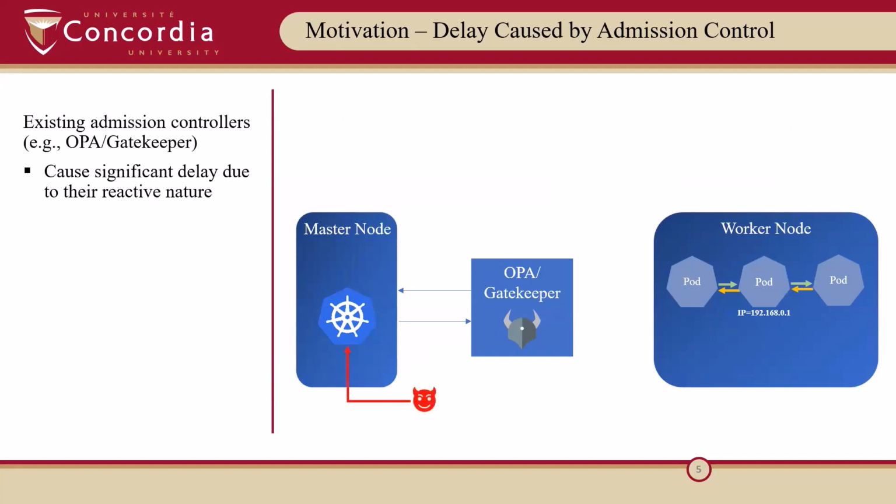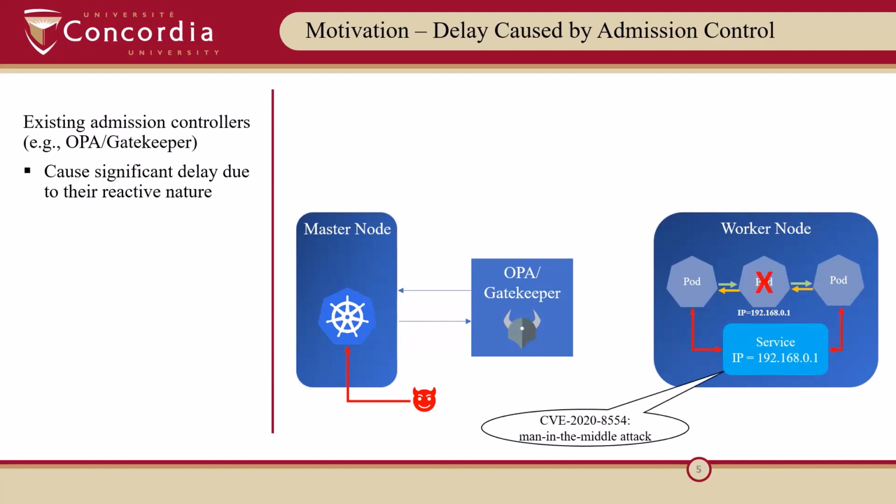When an attacker wants to perform an illegal operation on the cloud, the operation is going to go through the admission controller at runtime. For instance, here, the attacker wants to hijack one of the pods by creating a service that has the same IP as the pod.